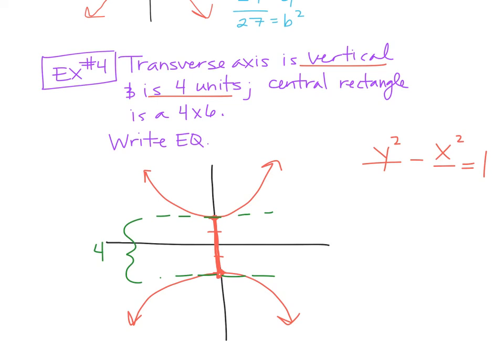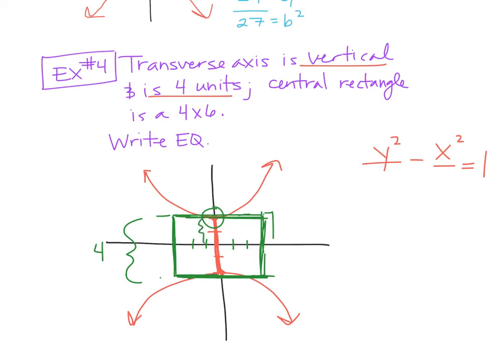If it's got to be 6 units, then it's 1, 2, 3, and 1, 2, 3, right? So the rectangle is going to go like this. I'm just going to draw it in solid so you can see it a little better right now. So if this is the case, now we're figuring out, okay, well, our vertices are at 2, so that's our A value.